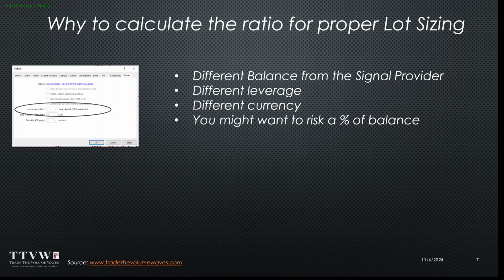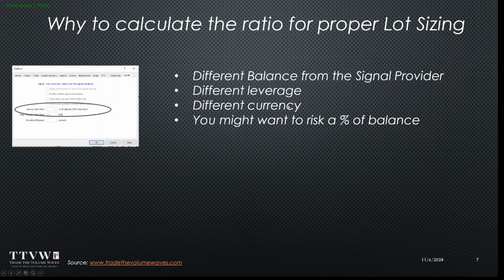I don't know if you saw, but the balance I have currently on this account is about 15,000, while in your case you might have less or more. You have different leverage from my broker, so that also needs to be calculated in the equation. Furthermore, you might even have a different currency.